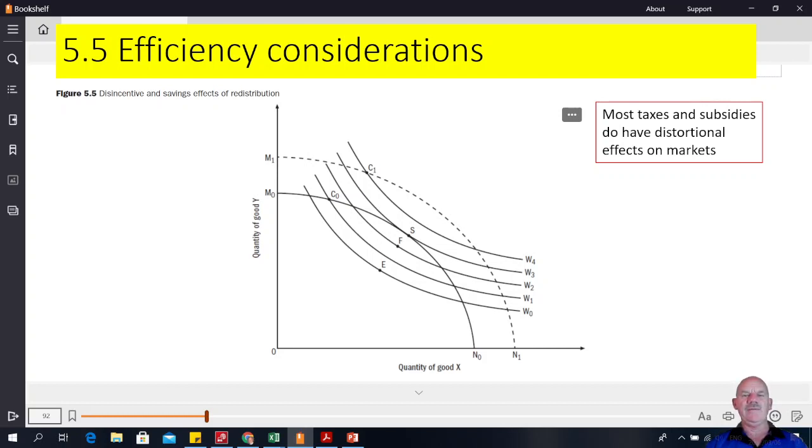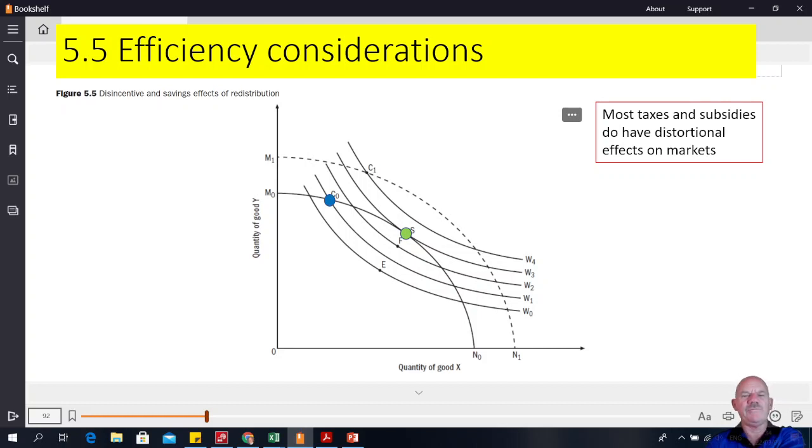So let's say we have a utility possibility frontier, and we're at some competitive equilibrium, which is efficient. So everywhere on the possibility frontier is an efficient combination of the quantities of good X and Y. Let's say society wants to move to a higher level of welfare.